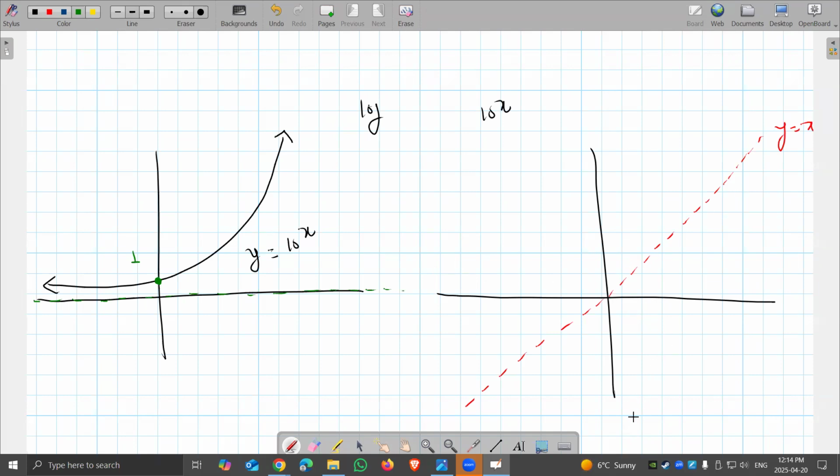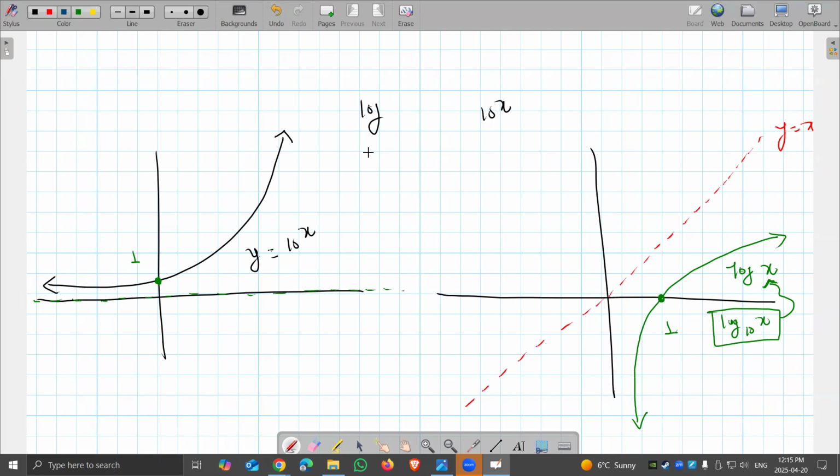Imagine there's a mirror on this red line. It would go this way. Instead of going through the y-intercept of 1, it goes through the x-intercept of 1. And that is the function log x, or log base 10 of x. That base 10 is invisible, so we just write it as log x.